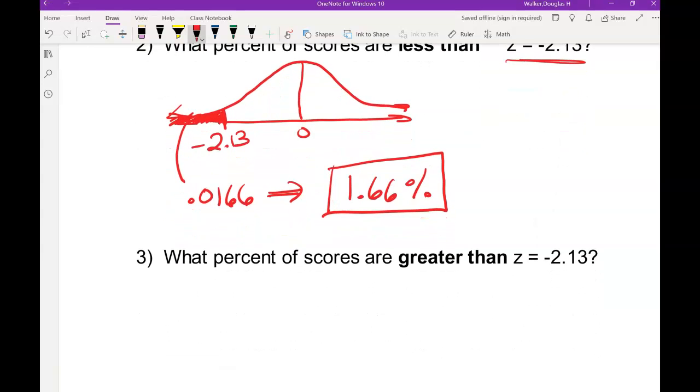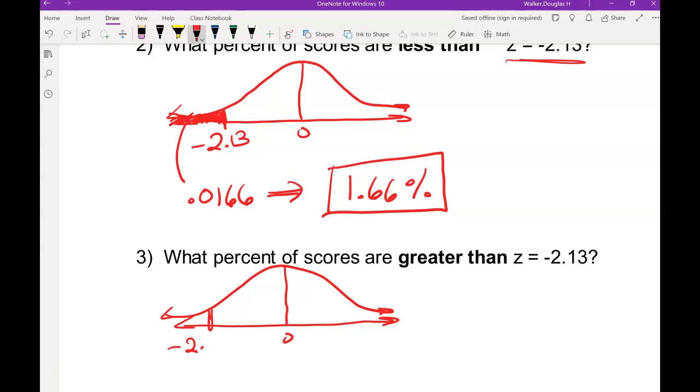Now, what if instead we wanted to know what percent of scores are greater than a z of negative 2.13? What would we have done? All right, so let's take a look at what we just did. Negative 2.13. Let's say instead we want this part of our curve. We want to know what's to the right. Well, we know to the left is 0.0166.